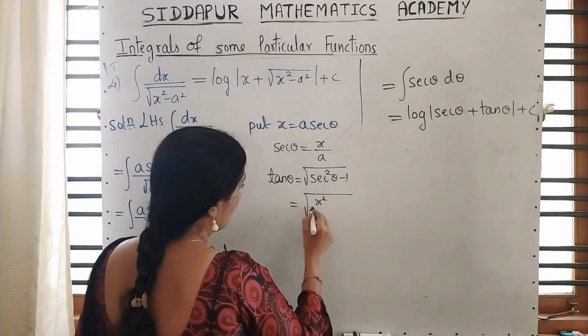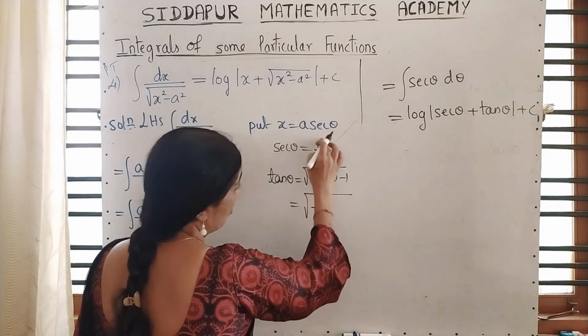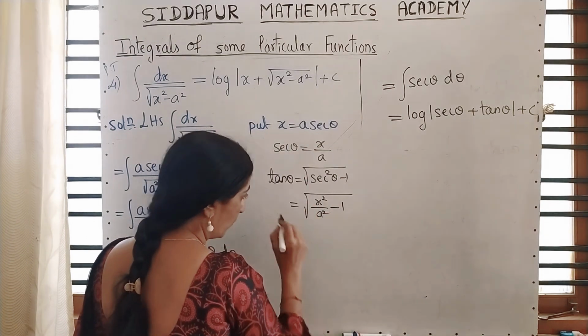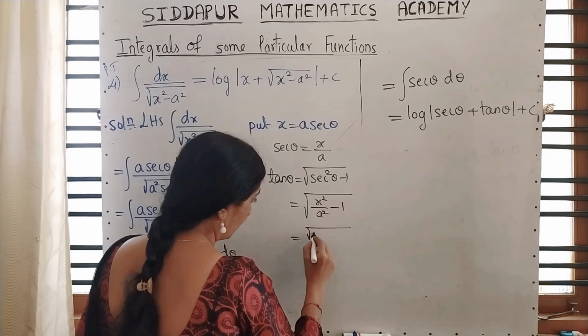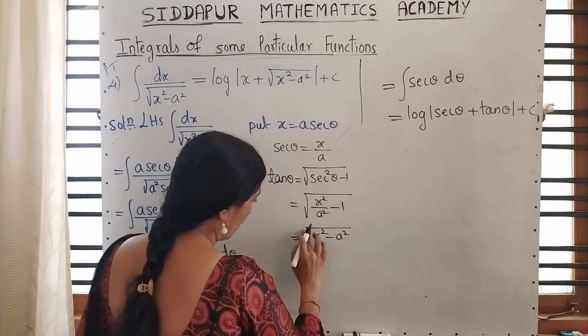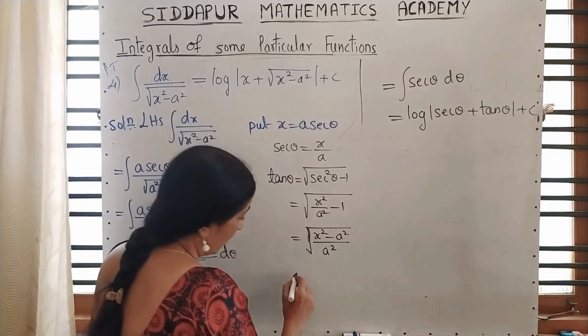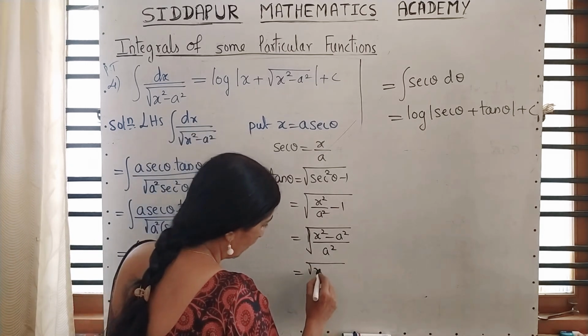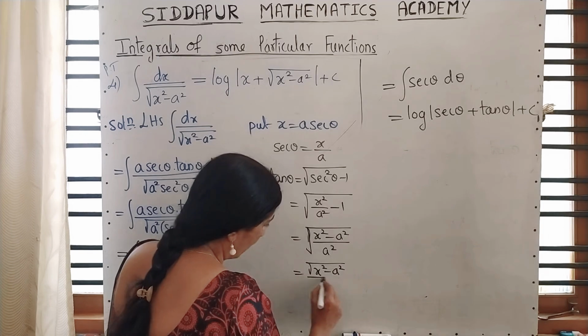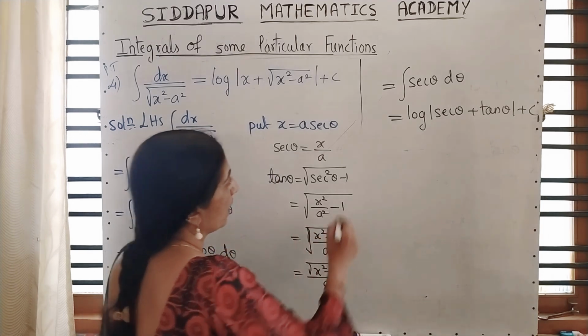Root of, sec theta is x by a, x square by a square minus 1. Take the LCM: x square minus a square, this also comes under a root. But root of a square is a. That's why root of x square minus a square upon a.